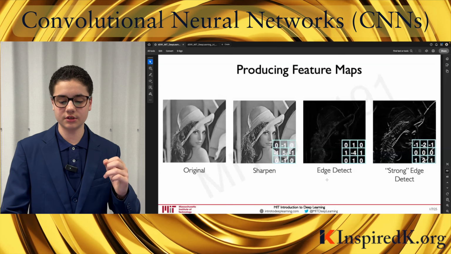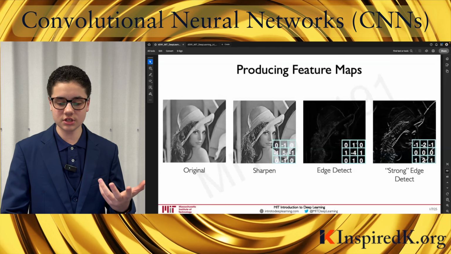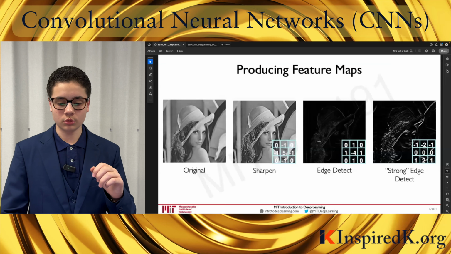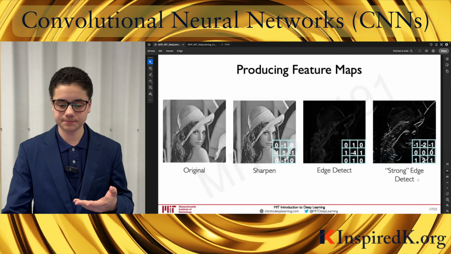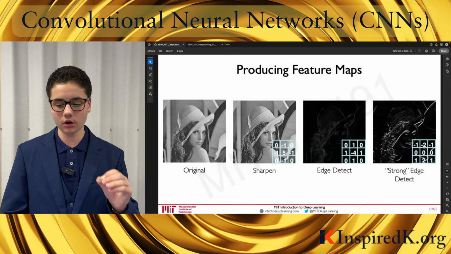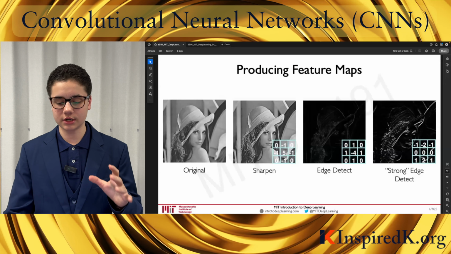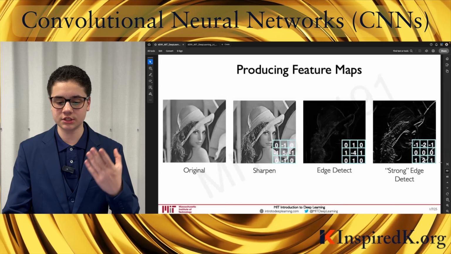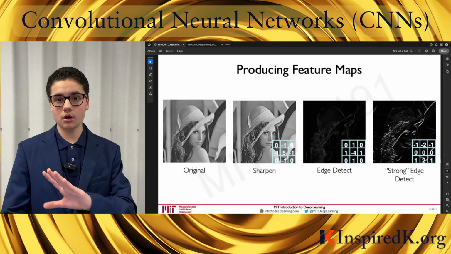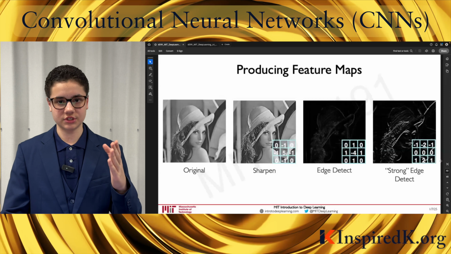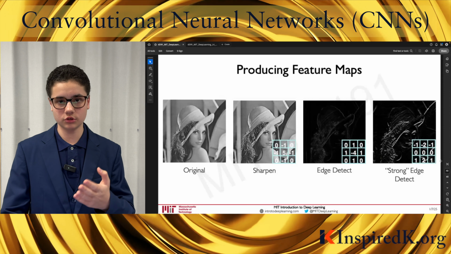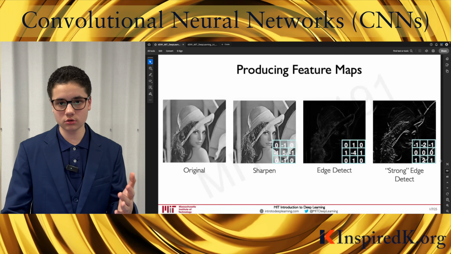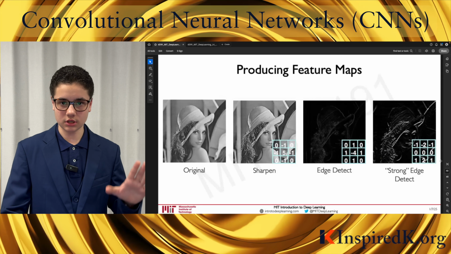Additionally, to detect different edges in our image, we can use this other 3x3 filter, which highlights the edges in our image in white and leaves the rest black. We can also use a strong edge detect, which highlights our edges in a more white color using a different filter. Note that there are many other different filters that we can use to produce feature maps, and depending on your task, you may not have to use any of these, and you could create your own depending on what you need for your task.